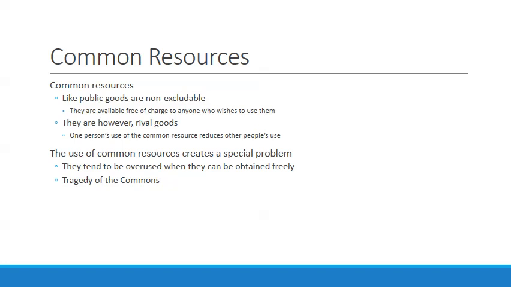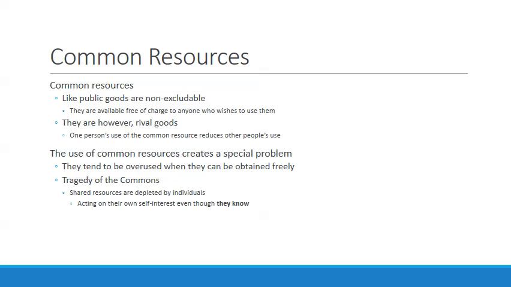And then to kind of show you how this works, economists have developed what they call the tragedy of the commons, and it gives you an idea of the impact that common resources have, but also the impact that is had upon common resources. So, shared resources are depleted by individuals acting on their own self-interest, even though they know. In other words, you go to the lake to go fishing. You know that for every fish you pull out of the water, that's one less fish someone else can have.